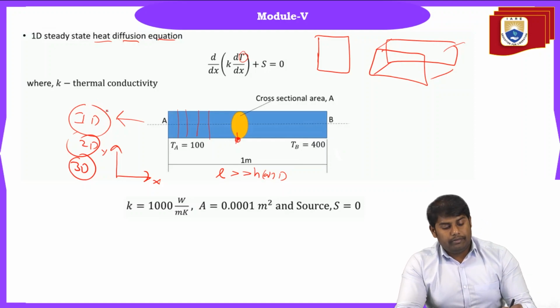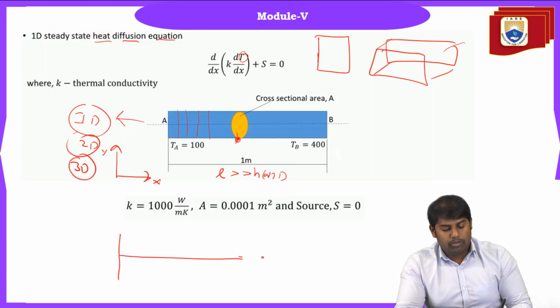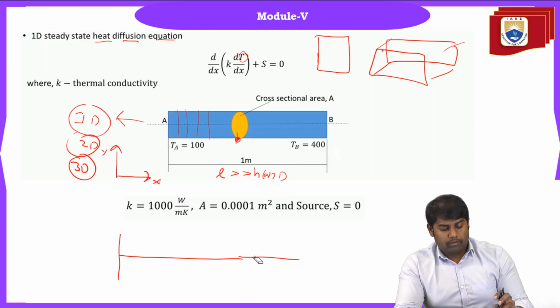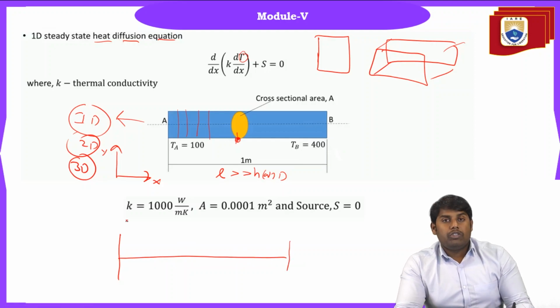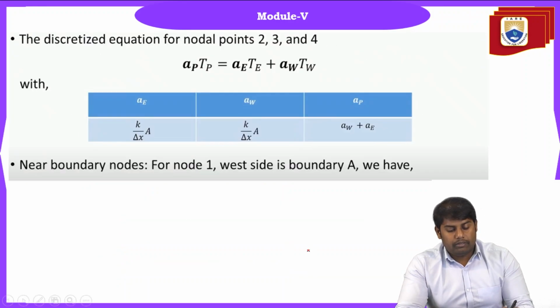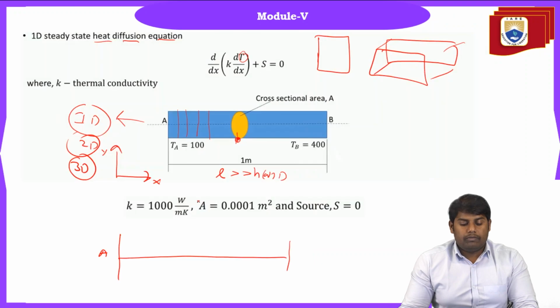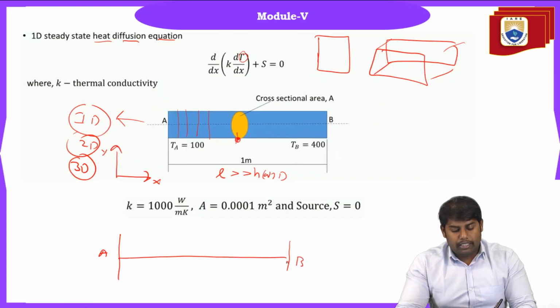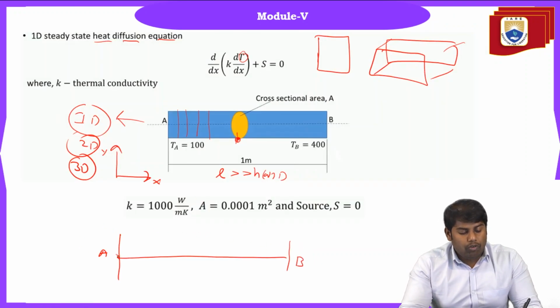So here, let us draw in terms of the element. If we take this as A and this as B, this is the wall actually.